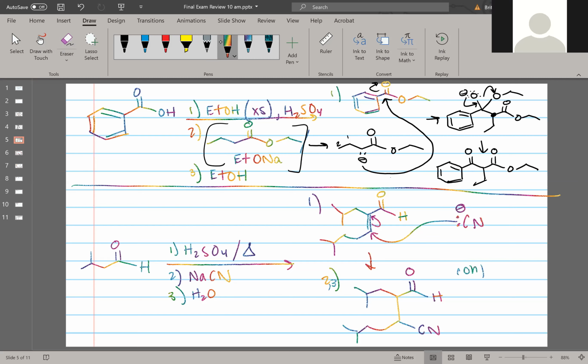So in order for 1,2 addition to occur, it would need a strong nucleophile like a Grignard, right? Right, yeah. Grignard is really the only one that we looked at that would add to the carbonyl carbon. Okay.